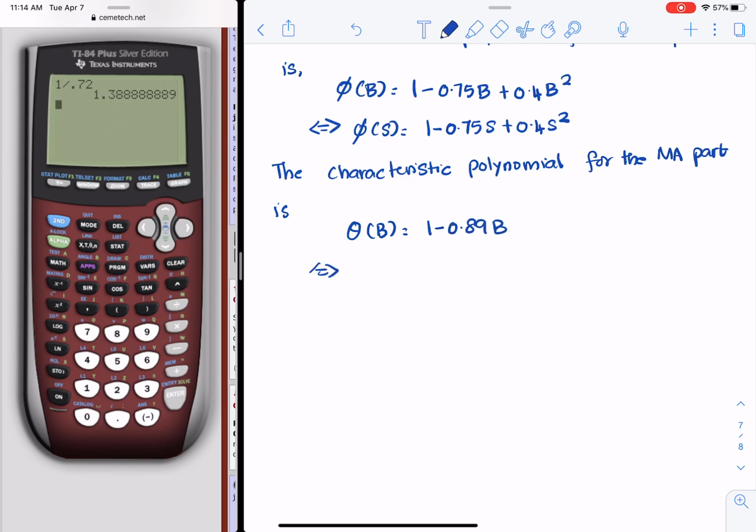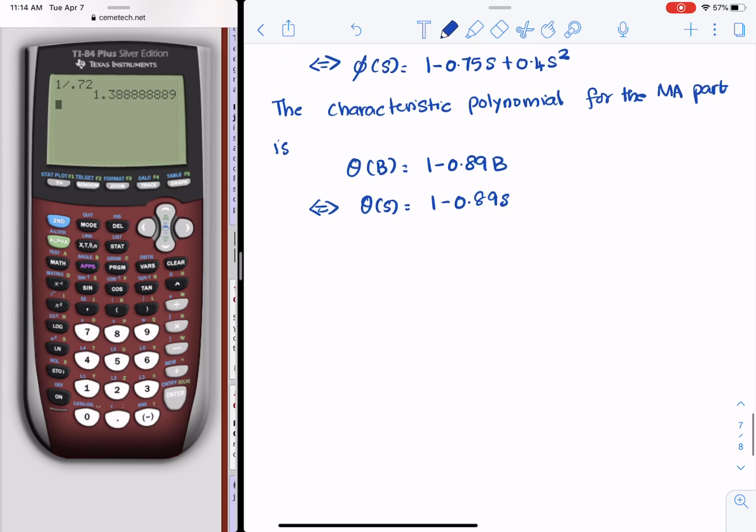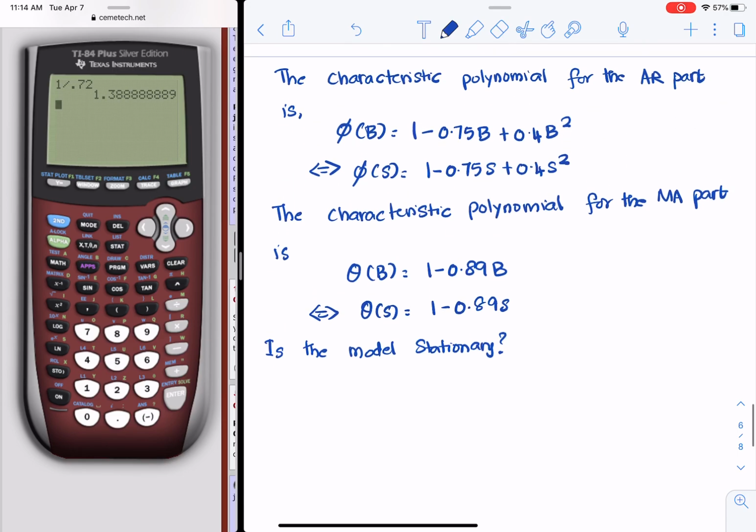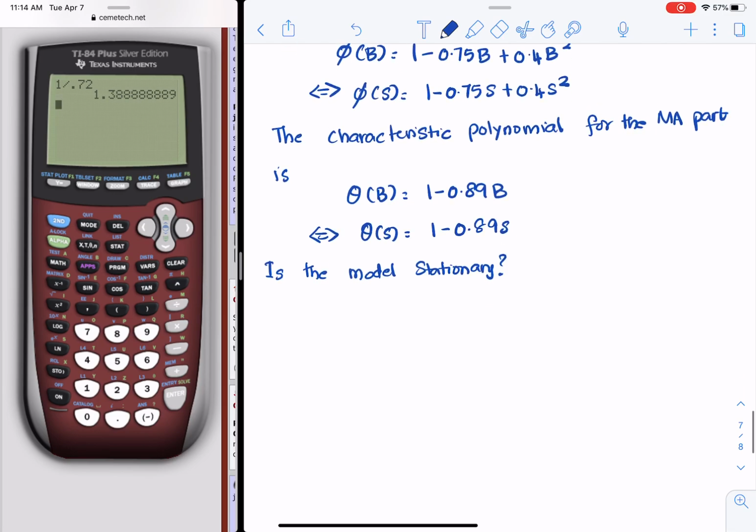Could also write that as theta s equals 1 minus 0.89s. Is the model stationary? So we set phi of s equal to 0 and solve for s.